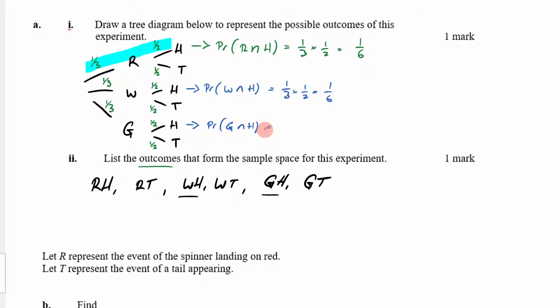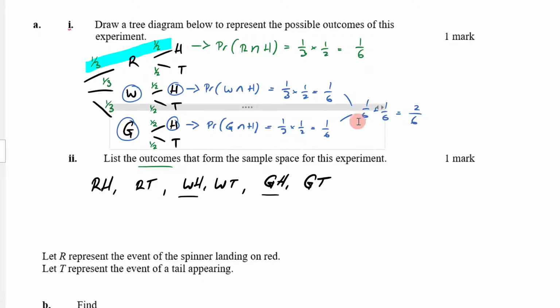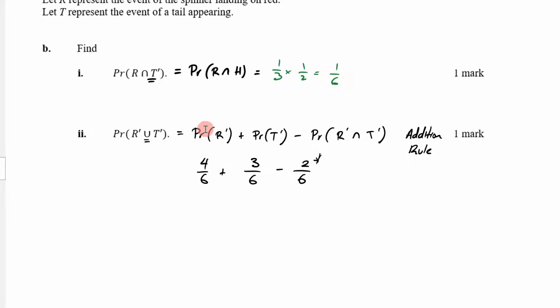Because as you can see, we're just getting everything that isn't red, so W and G, and then H and H, everything that isn't a T. It will be 1 on 6. And then you would add both of these together to get 2 on 6. It's a lot longer, isn't it? Not really needed, especially if you've got your sample space there and you can think it through. It is important that you can do both ways, but you can see that one is clearly easier than the other.